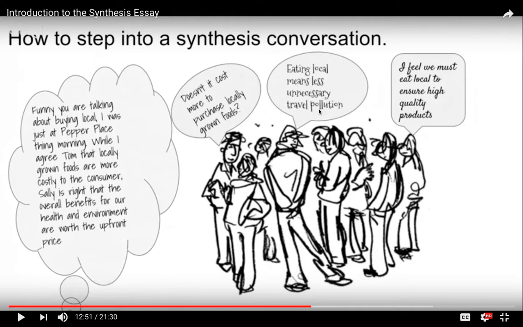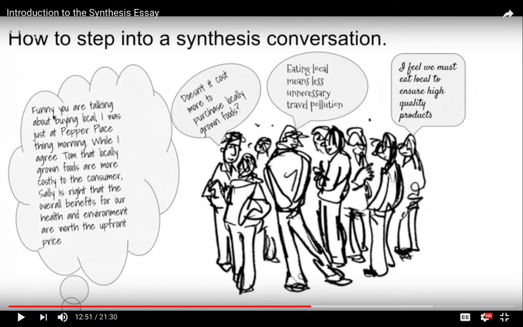And then someone else here says, eating local means less unnecessary travel pollution. And then someone else says, I feel we must eat local to ensure high quality products. So here are 3 people having a conversation. You want to somehow insert yourself into this conversation. Okay? And that's how you are going to approach the synthesis.